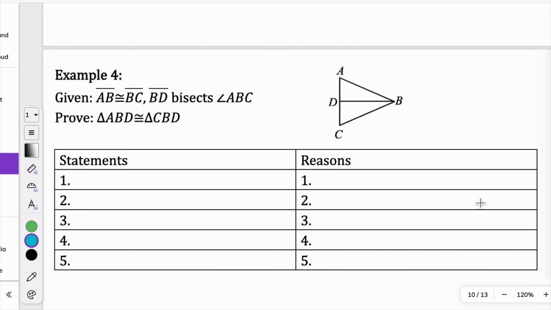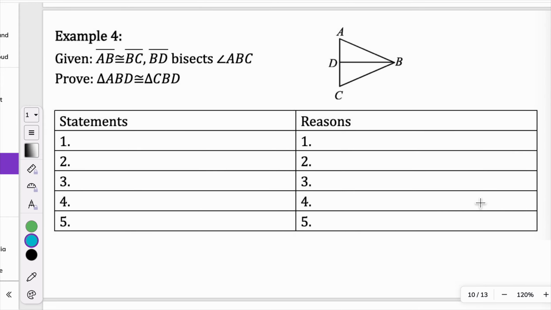Okay. Example 4, if you want to try this one on your own, have at it. When you're ready to check it, click play. And here we go. AB is congruent to BC. So I'm going to make those tick marks and say AB is congruent to BC using given. And then it says BD bisects angle ABC. Given.